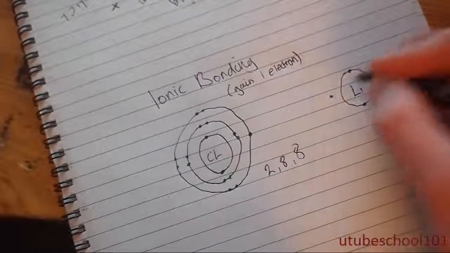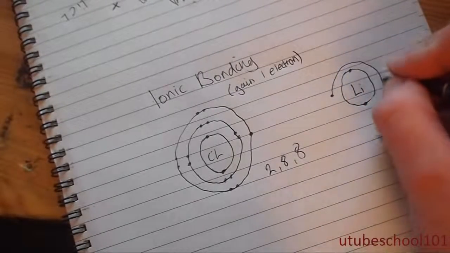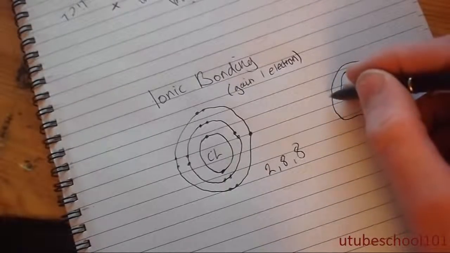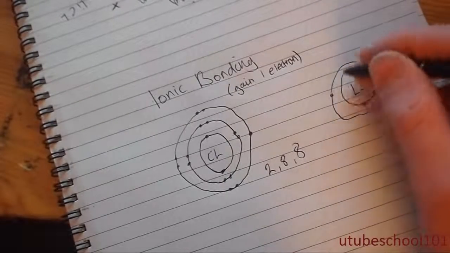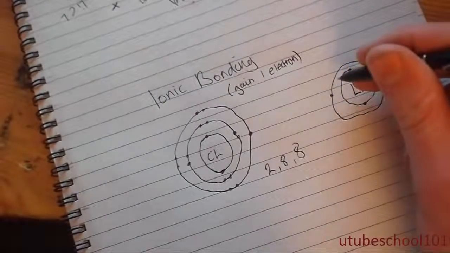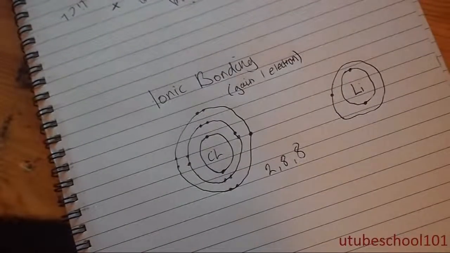So it has 2 in the first shell, because only 2 can fit in there, and there's 1 on the second shell, because it only has 3 electrons. It hasn't filled up that shell yet. So again lithium is trying to only have full shells left.